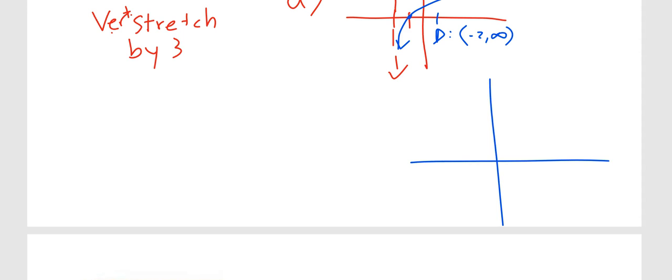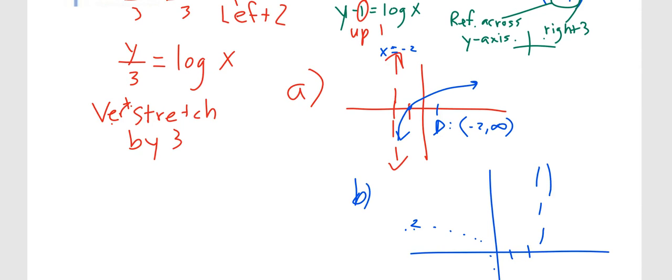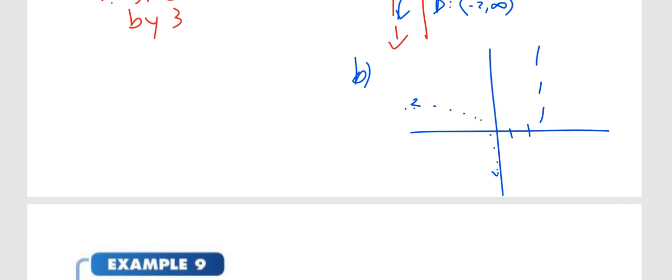So first you basically had this graph that you reflected over the y-axis for letter B, but then you shifted it over 3 units. So you have your vertical asymptote at x equals 3. And so then your shift comes up and does something like this. So reflected first and then moved right 3.